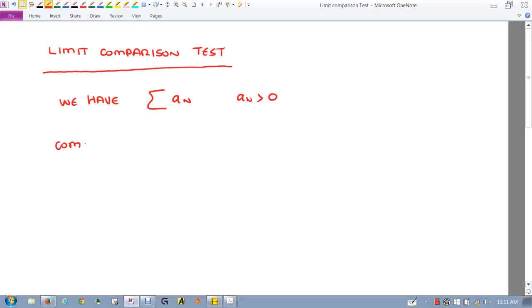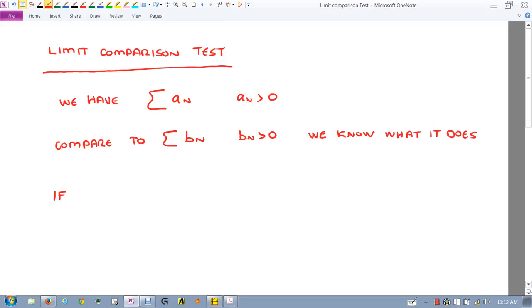We compare to a series, and we know what this one does. So exactly the same as the comparison test. This is different though. It's called the limit comparison test. You start the same way though. But instead of showing the inequality that we had to show in the last one, here's what we do.